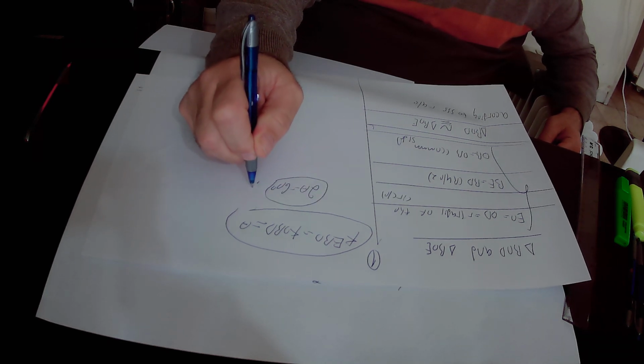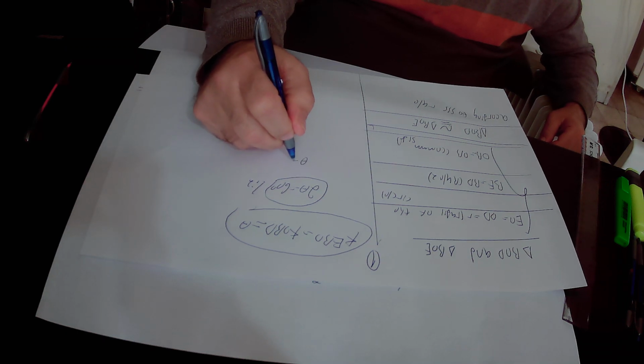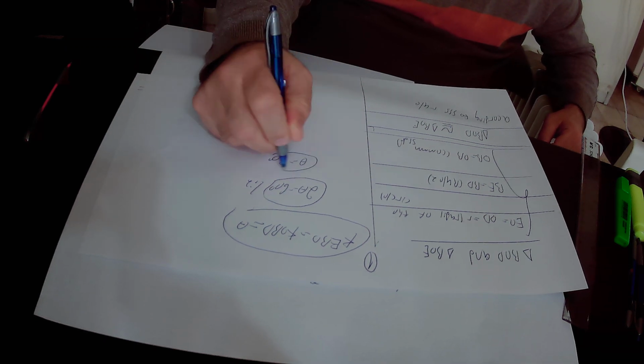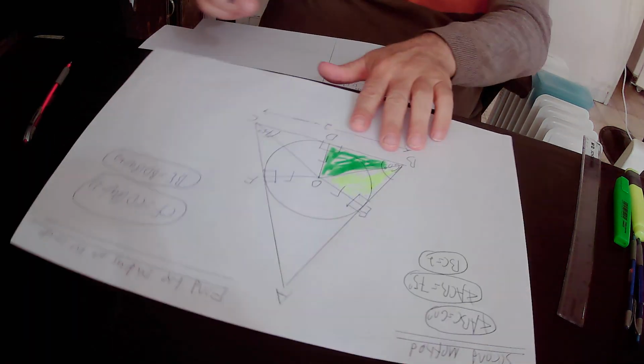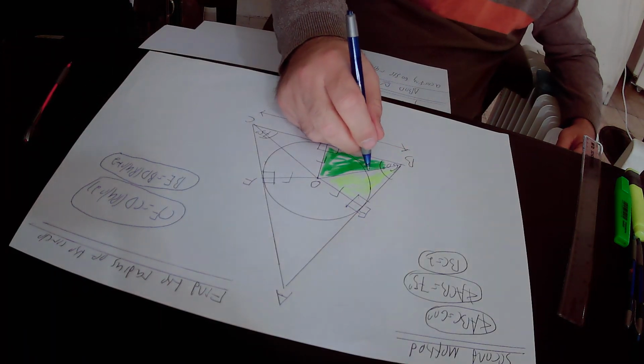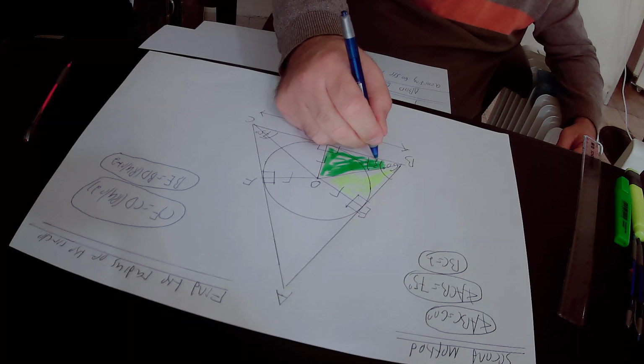We divide this equation by 2 and finally we get that angle theta equals 30 degrees in its size.